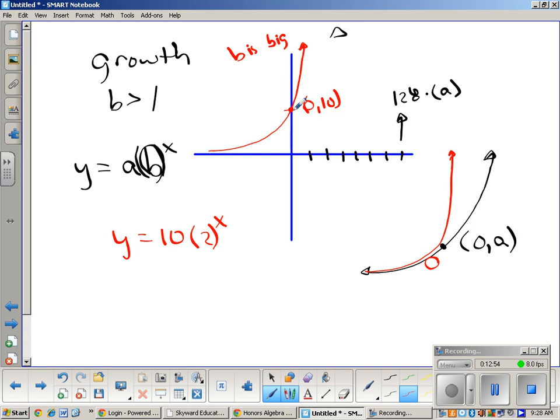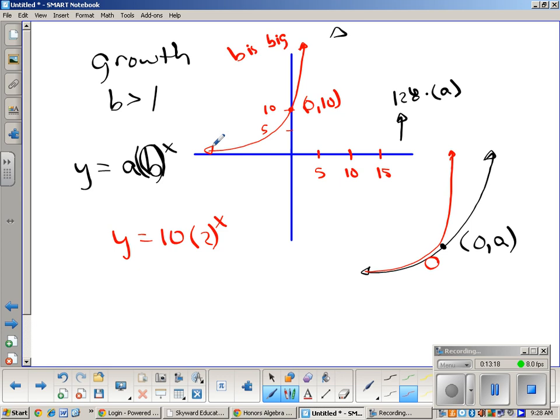So if that's 10, that's 5, and so I went by 5s this time. And so if I do that over here by 5s, okay, I get this. And it's going to get pretty big pretty fast.